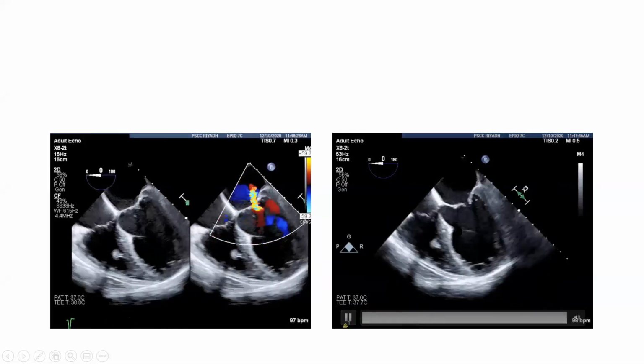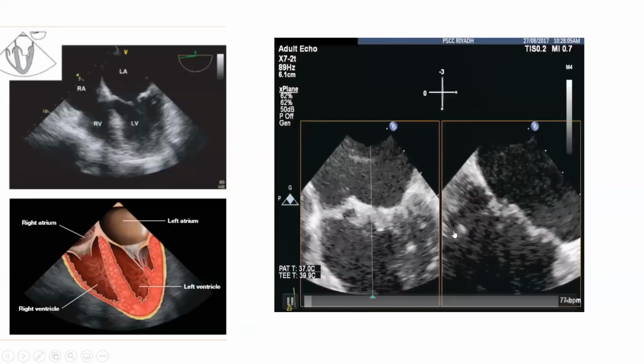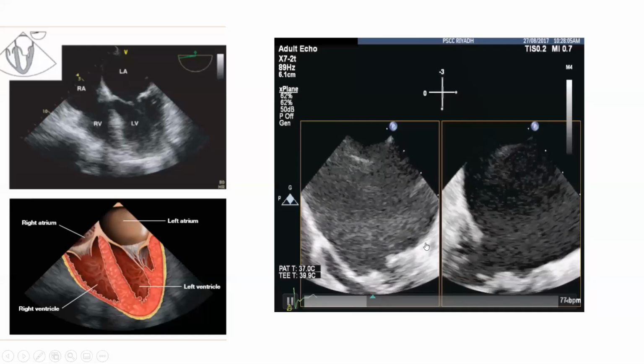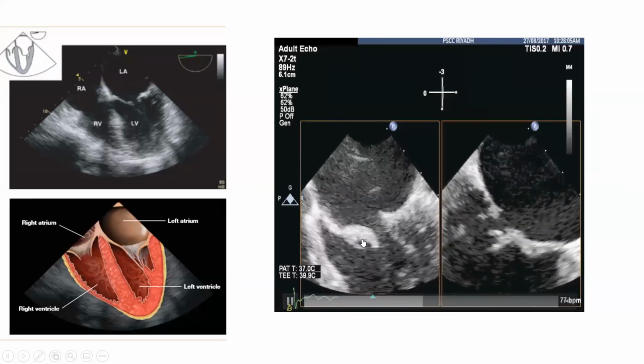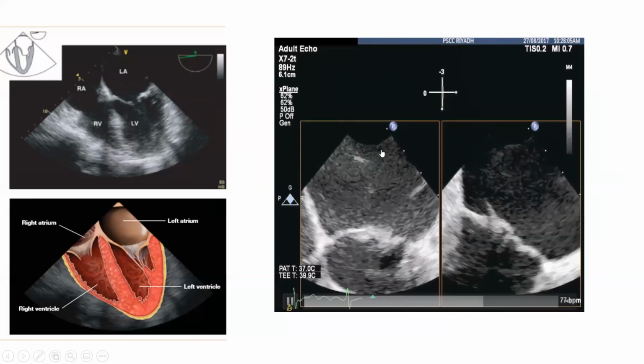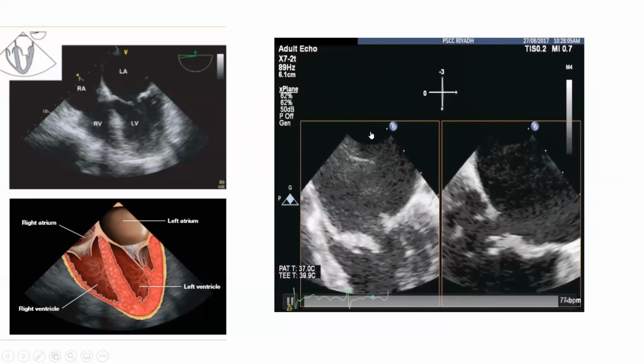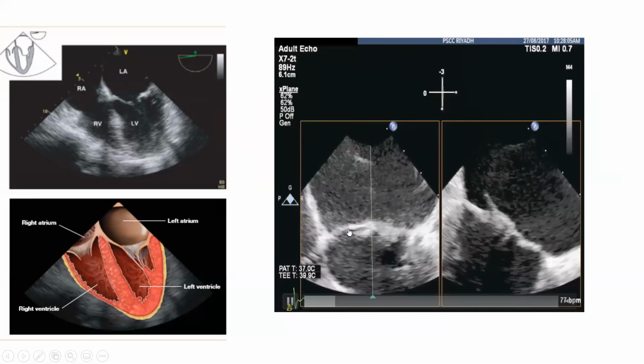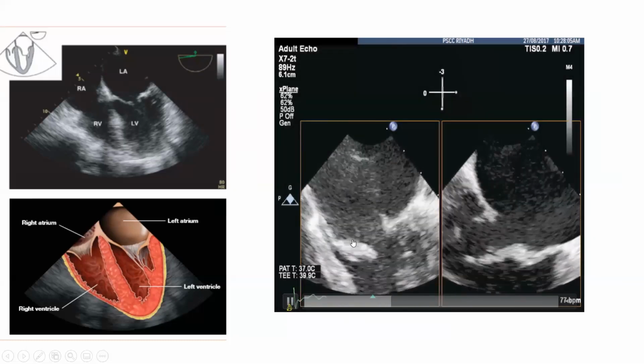Before going further, you have this modality, X-plane. When you put your X-plane on the anterior leaflet, you can see if there is any pathology.